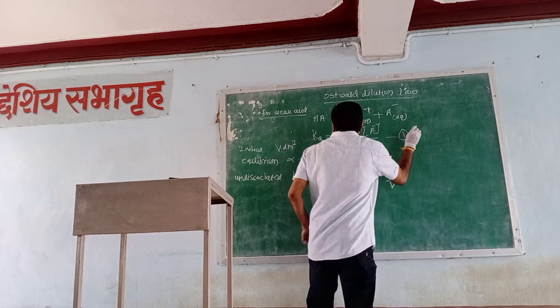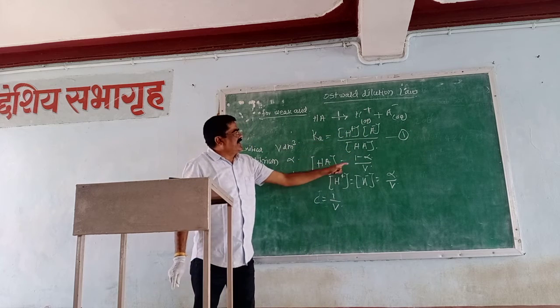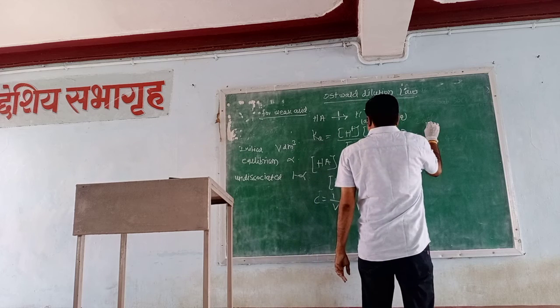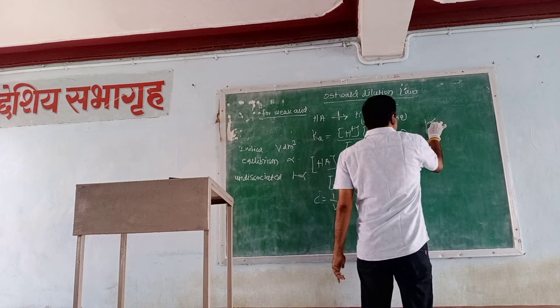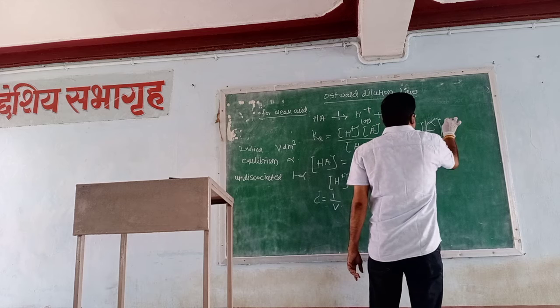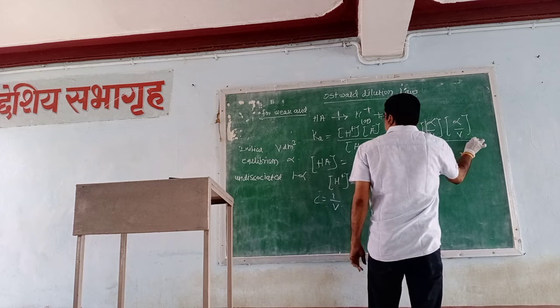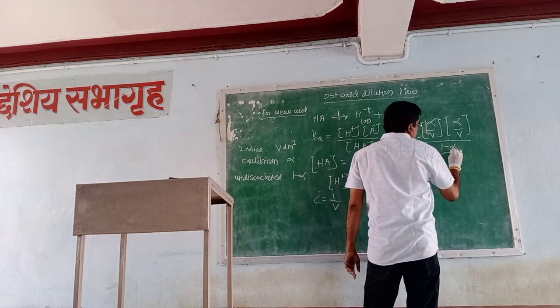That is, H plus is equal to alpha by V, A minus is equal to alpha by V, and HA is equal to 1 minus alpha by V.